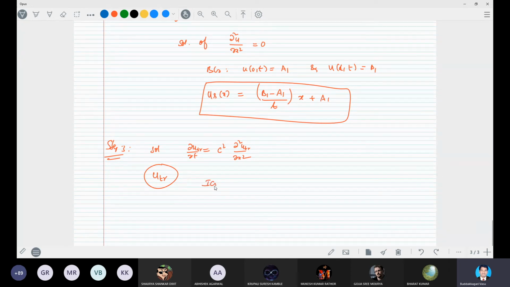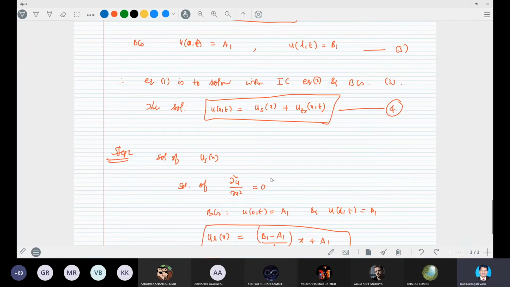What is the initial condition that we have obtained in equation 2?